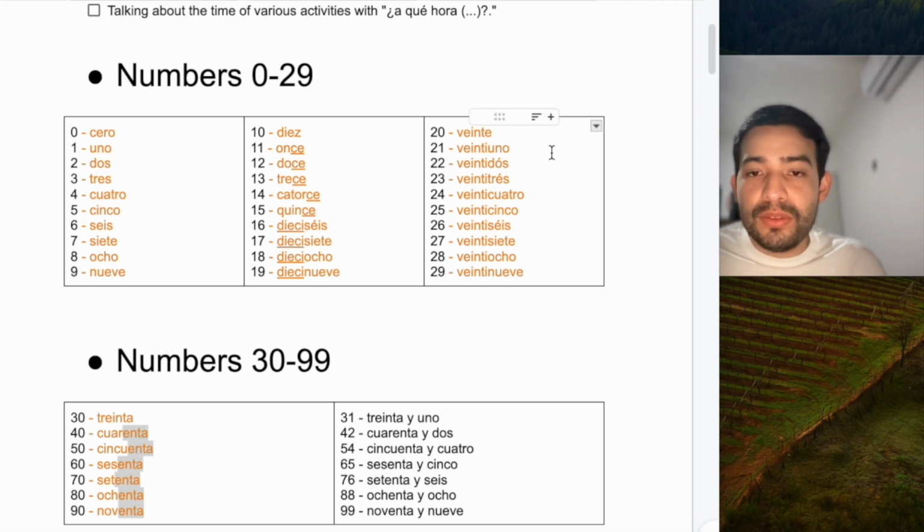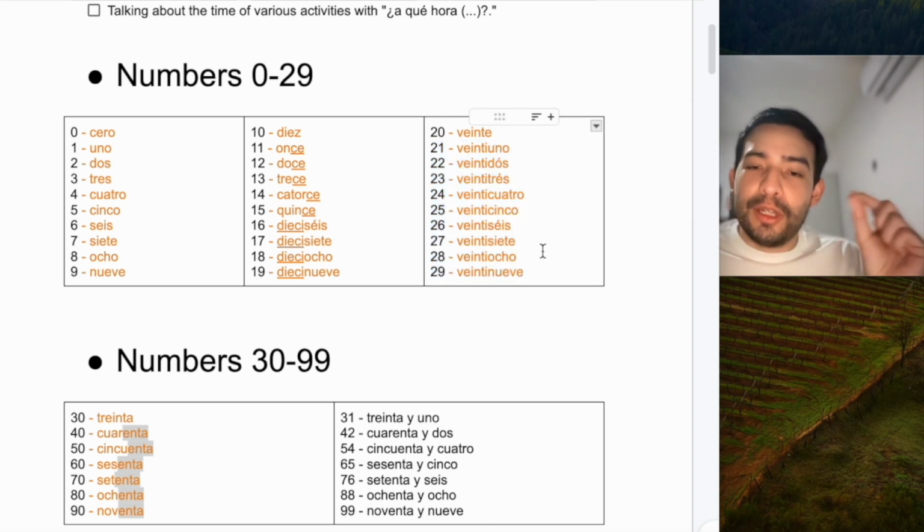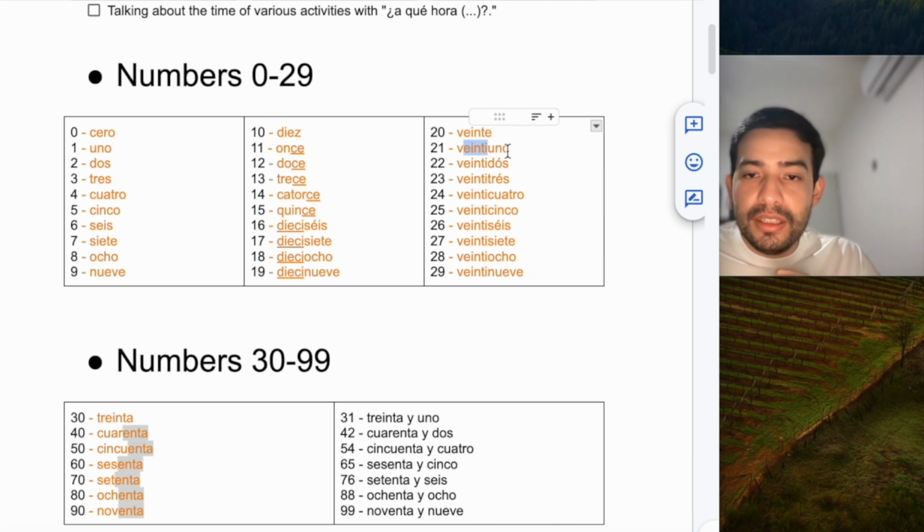So that would leave us with 21, 22, 23, 24, 25, 26, 27, 28, 29. All of these numbers from 21 to 29 start with veinti, and luckily again the normal name of the number. 21, 22.